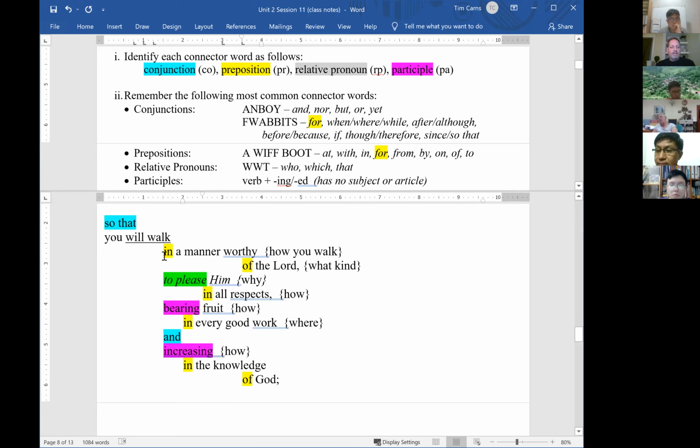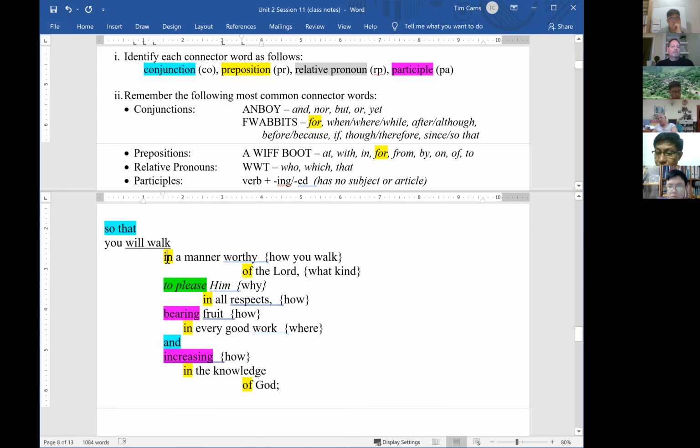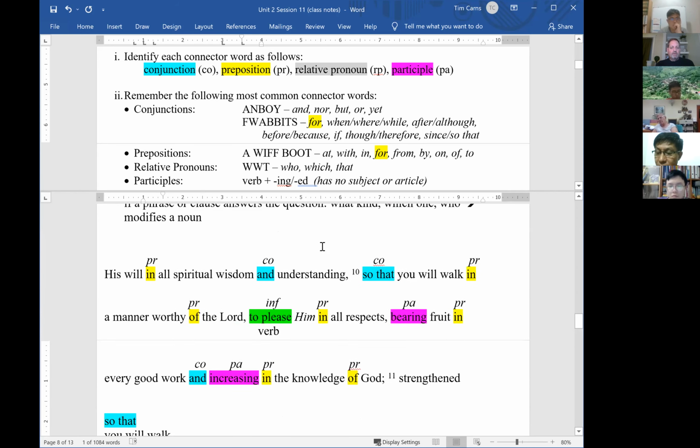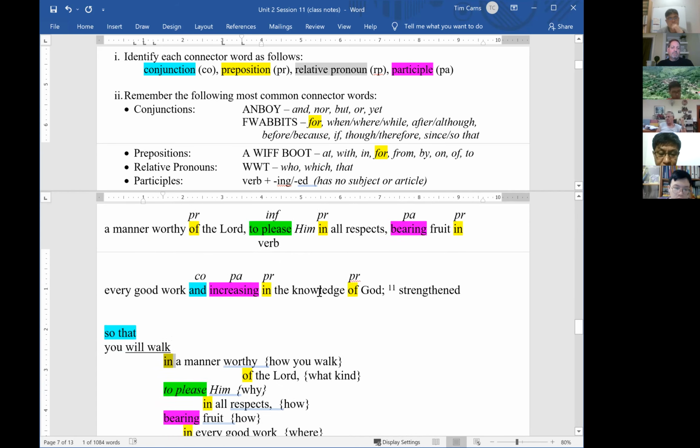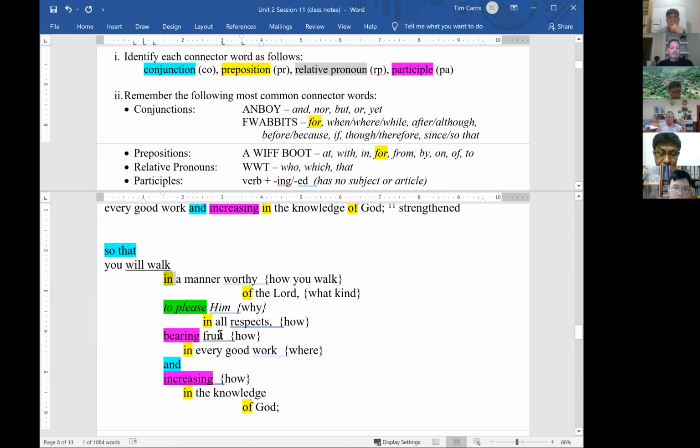Right now, we're just trying to understand the building blocks that are going to get us there. That is identifying the connector words, because those are what's going to separate those phrases and clauses that we will then decide, where does this phrase or clause go? What is it modifying? What is it connected to? And how is it connected? And that's what the diagram ends up showing us. Okay.